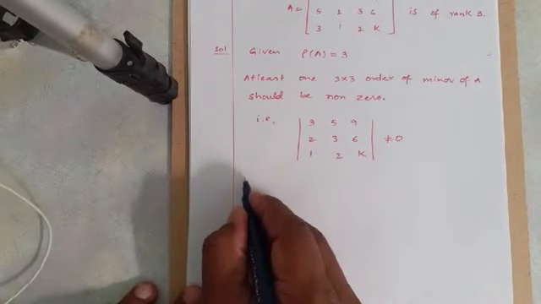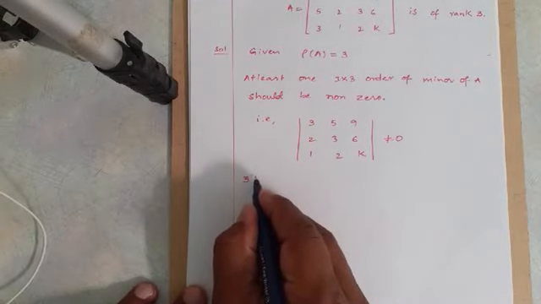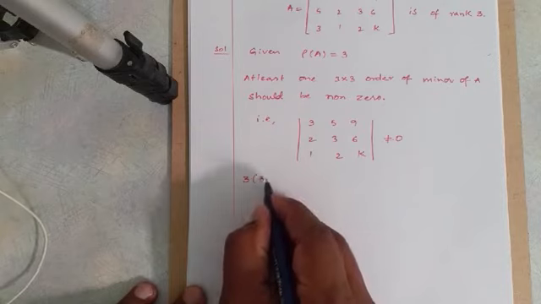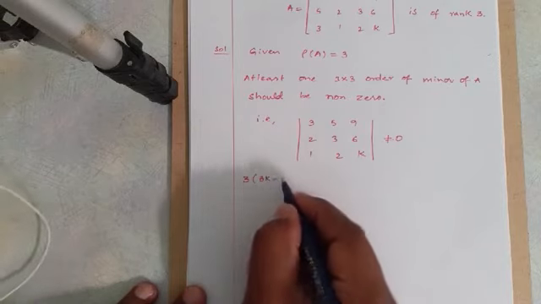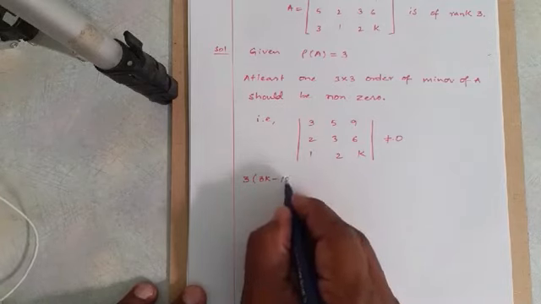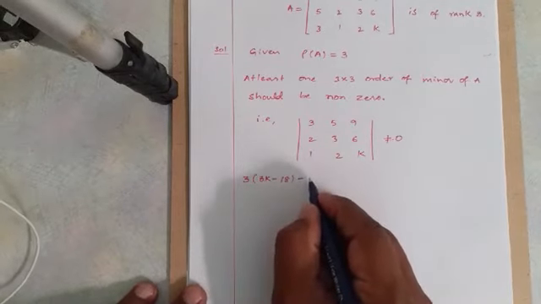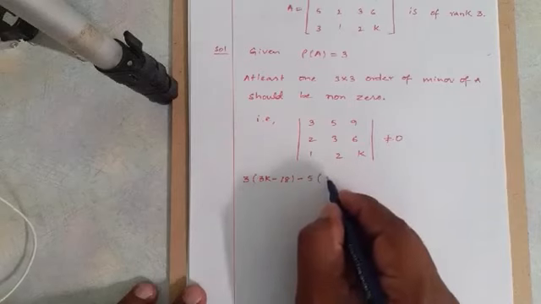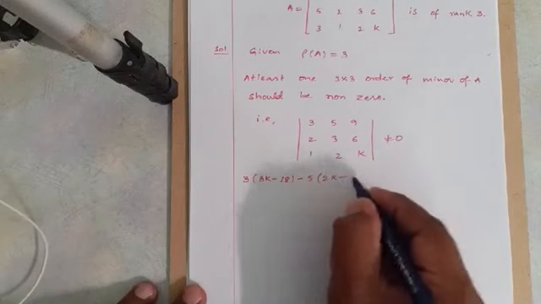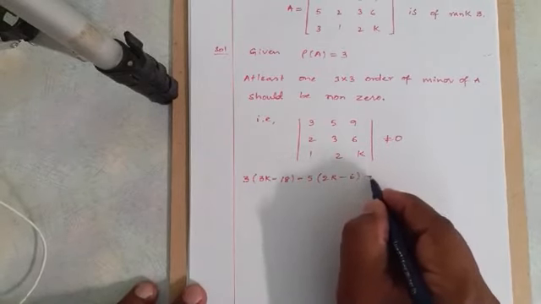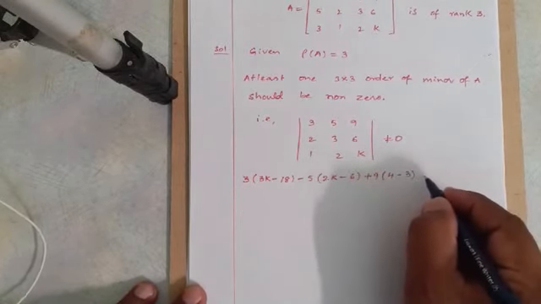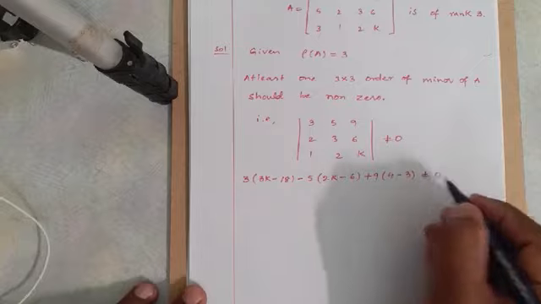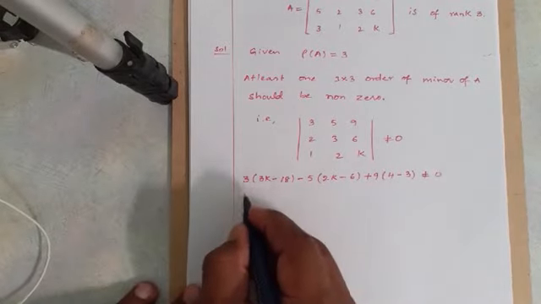When you take the determinant, we get 3 into 3k minus 12, minus 5 into 2k minus 6, plus 9 into 4 minus 3, not equal to 0.